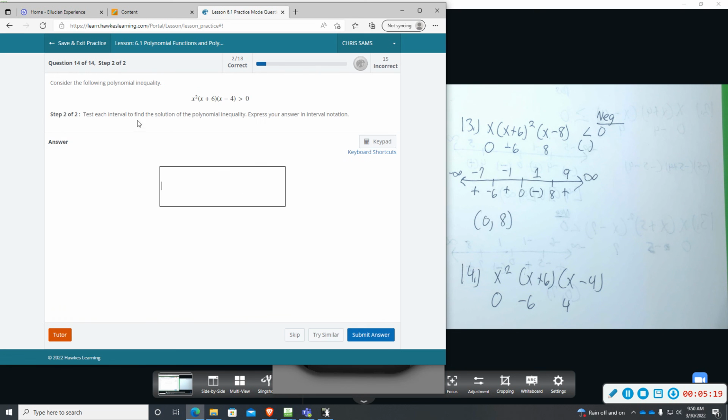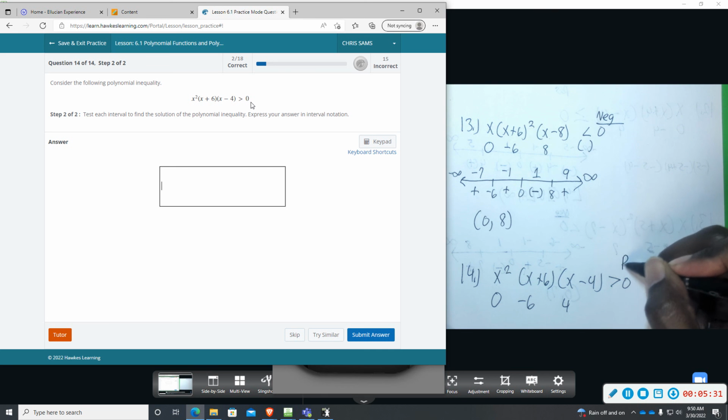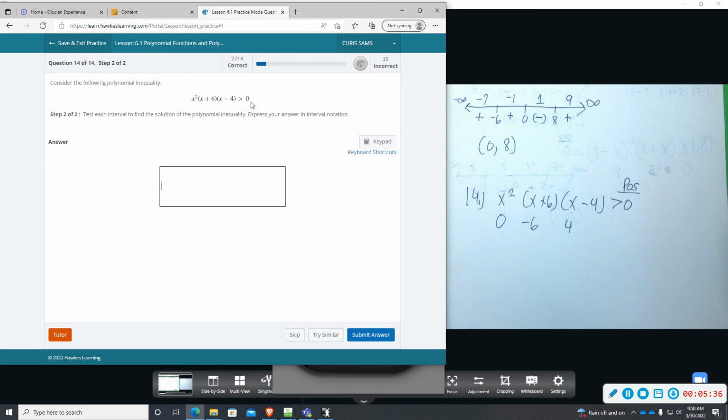And then the second part wants you to test the intervals and find the solution. So the solution is finding the part that is greater than 0 or positive. Reread that. And again, I'm going to let the calculator do all of that for me.